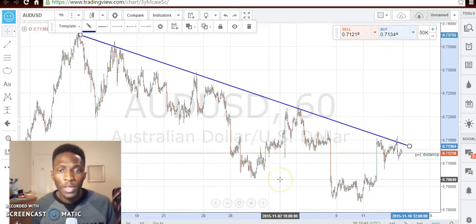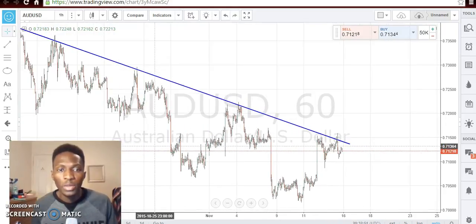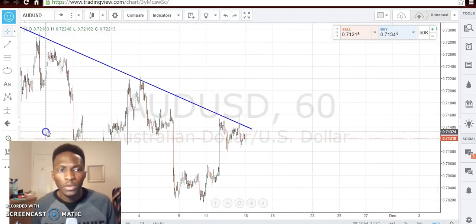And the first reason is the obvious reason, the fact that the market is bearish. Now if we look at this chart, we know the market is bearish because, what is the characteristic of a bearish market?